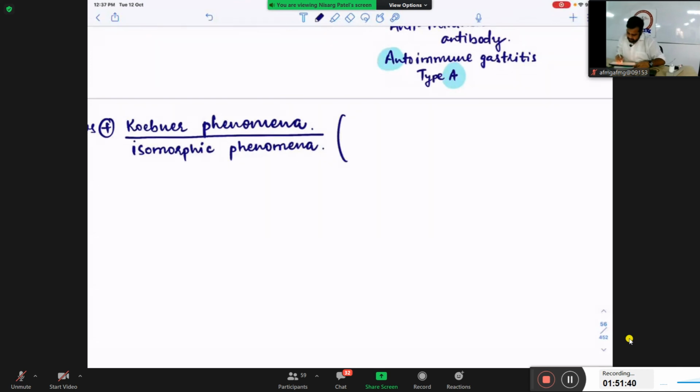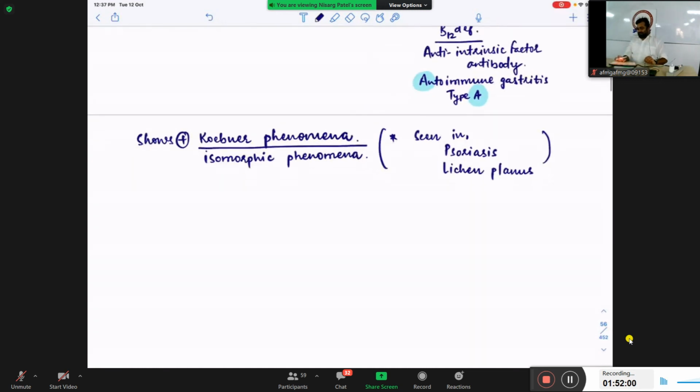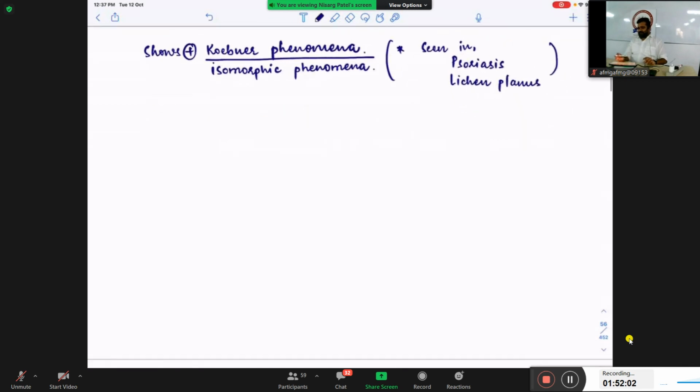So here remember, it is seen in psoriasis. It is seen in lichen planus.